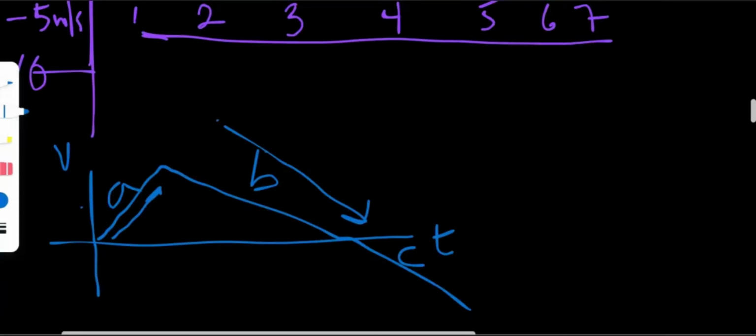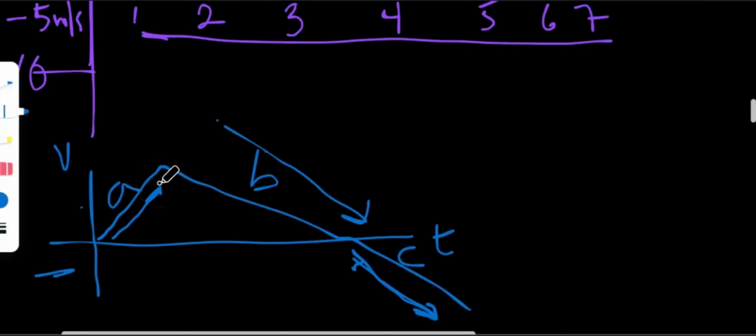At 5 seconds, the object now stops for an instant. Then if you look at section C, it shows that the object is moving in a negative direction because now it has come towards the negative side. So the object is moving in a negative direction and is speeding up.